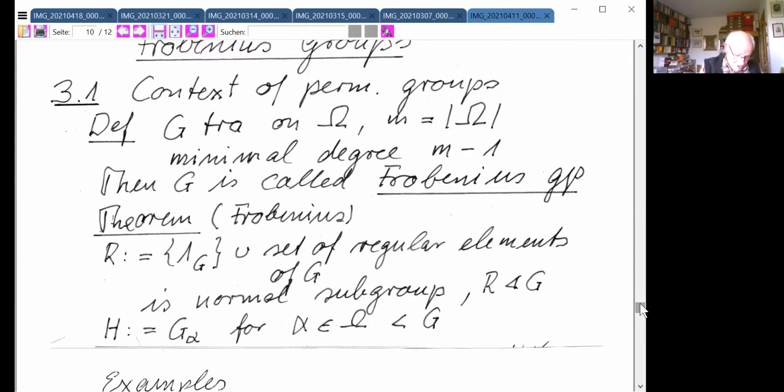Frobenius introduced these groups and proved by means of representation theory that the set of the irregular elements in this group, together with the identity, is a normal subgroup. This is done in representation theory by showing that R is the kernel of a suitable homomorphism of the group in question.